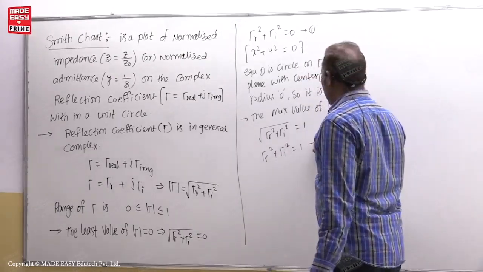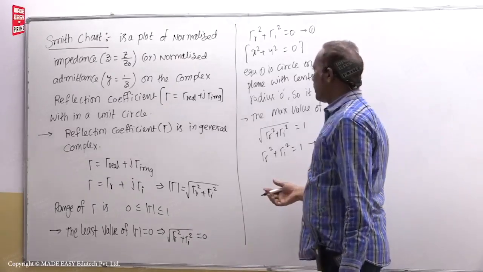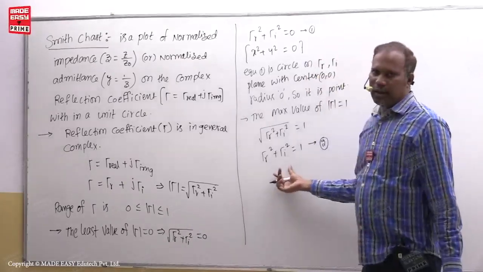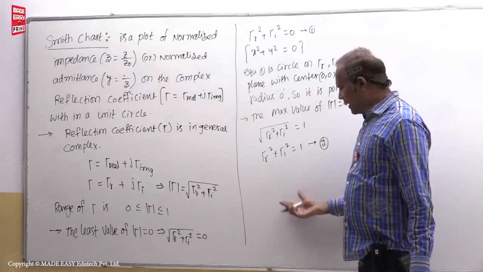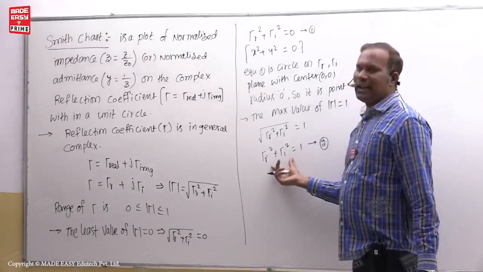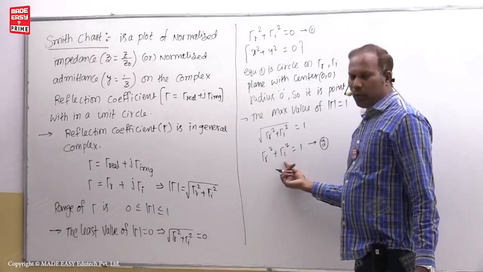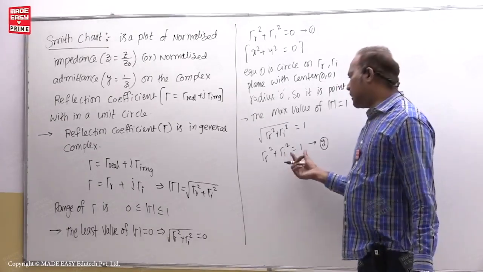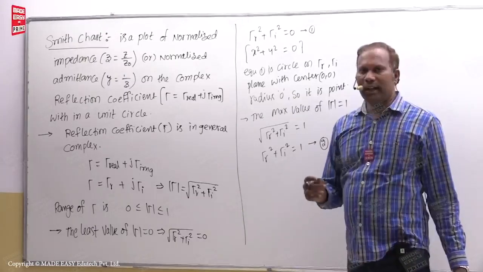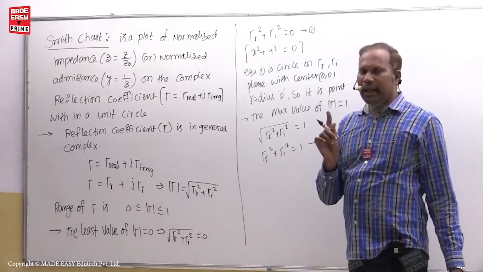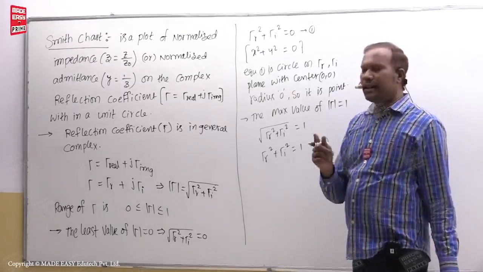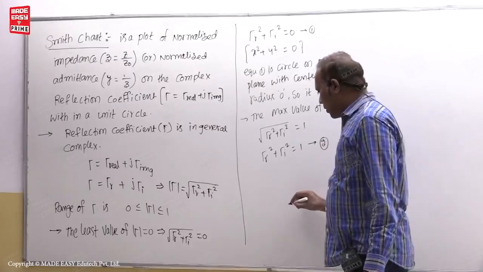This one is equation number 2. So equation 2 is a circle equation on the gamma r and gamma I plane with center 0, 0 and radius 1. If radius is 1, that is called unit circle or otherwise unity circle. Unity means radius is 1.